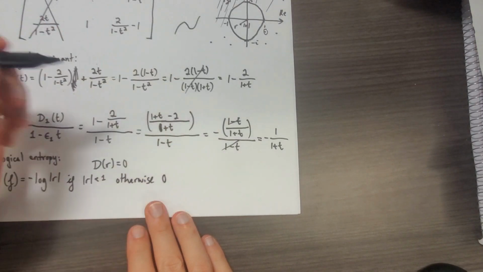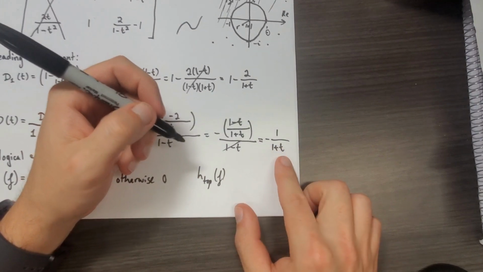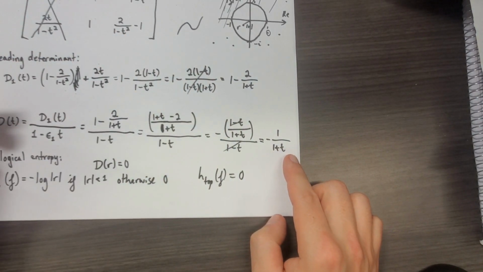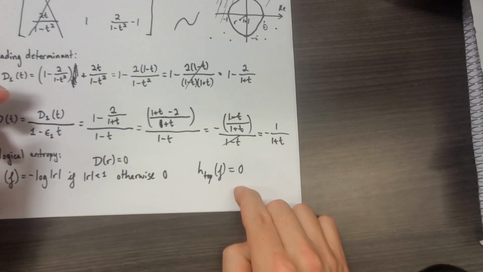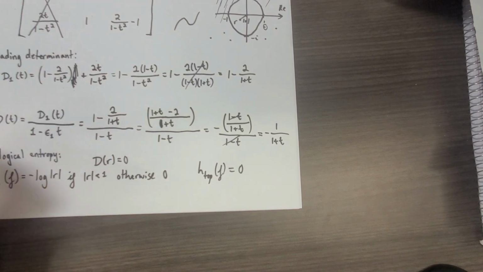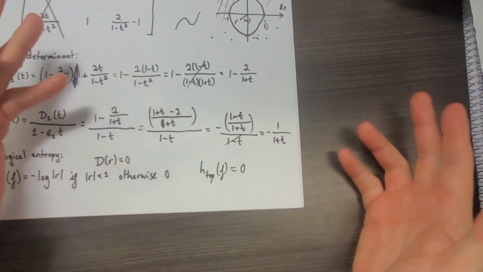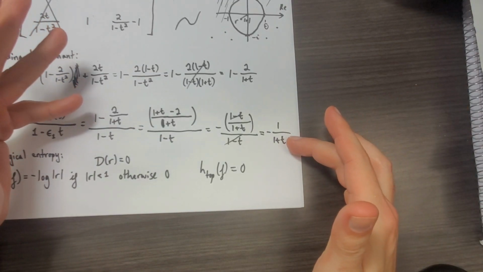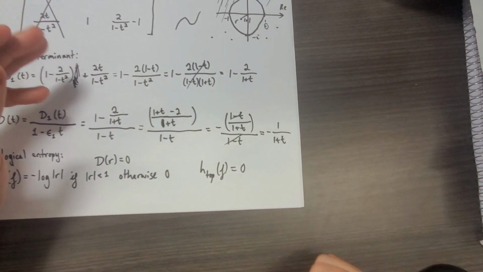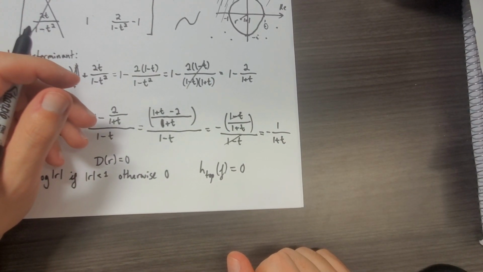And in our case, h top of f, well, there are no roots, and so vacuously, because r doesn't even exist, you have 0 here. Now, you could work with the Riemann sphere instead of the complex plane and say that if you plug in the point at infinity for t, then you get 0, because you plug in an arbitrarily large number in the denominator, and this expression goes to 0 as the modulus of t gets larger and larger.